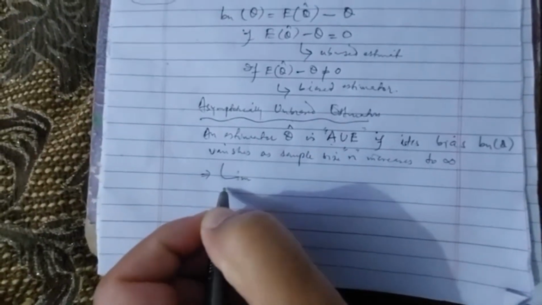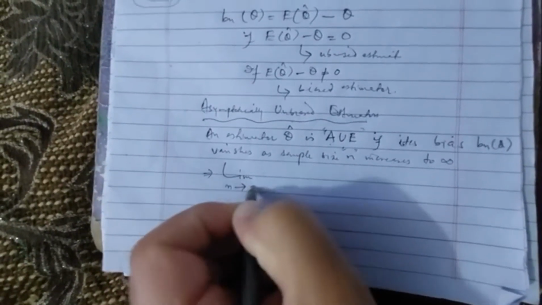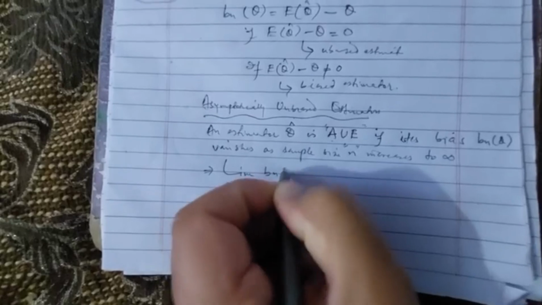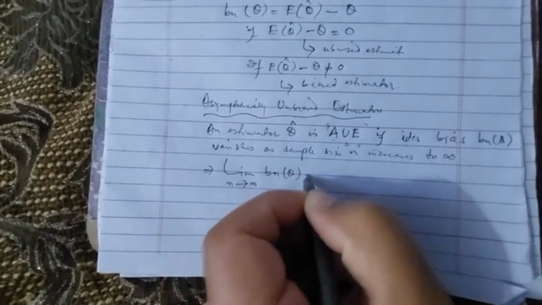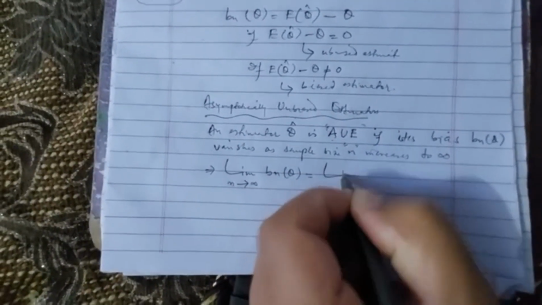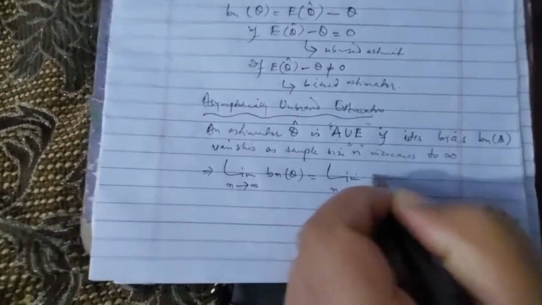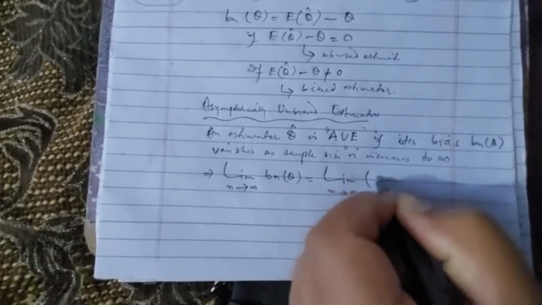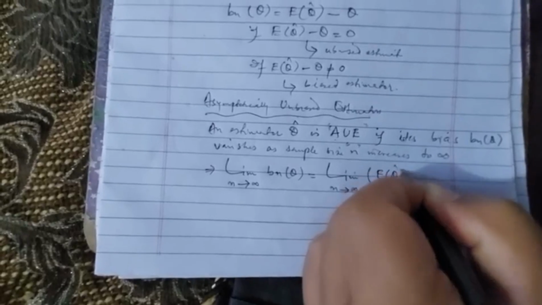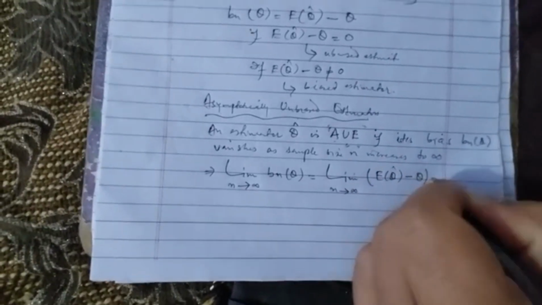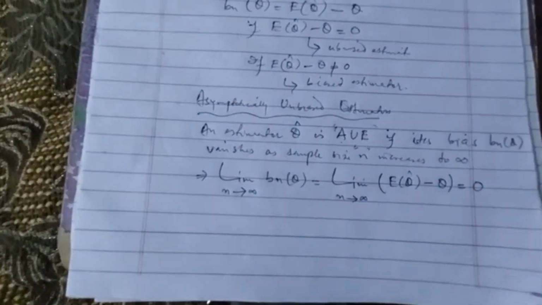Mathematically it can be written as limit n tends to infinity Bn of theta is equal to limit n tends to infinity E of theta bar minus theta is equal to 0.